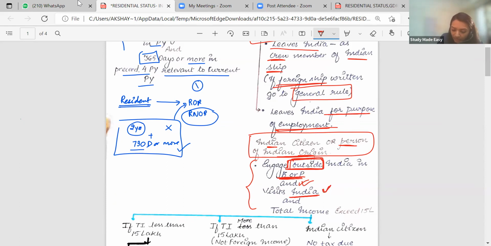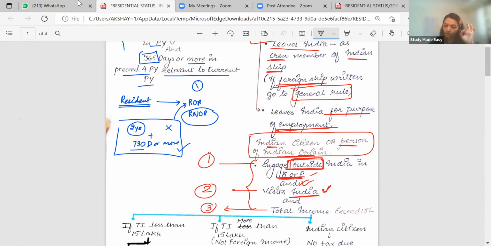And condition number 1, he is staying outside India. If he generally stays outside India, I am not concerned about this, but he should stay outside India for the purpose of business or profession. He visits India, and the third condition is he should have total income that exceeds 15 lakh.